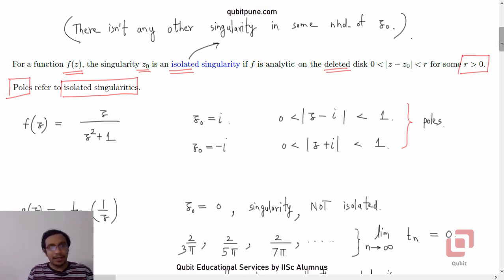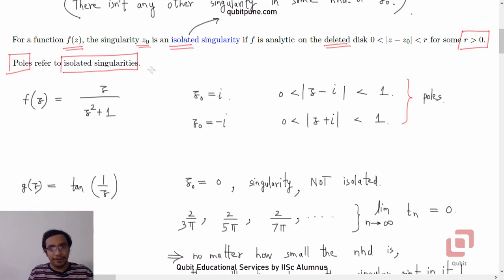For f of z equal to z upon z squared plus 1, it is very easy. Having already identified its singularities, we now note that z0 equal to i is a number which lies on the positive imaginary axis, 0, 1, and z0 equal to minus i lies on the negative imaginary axis.